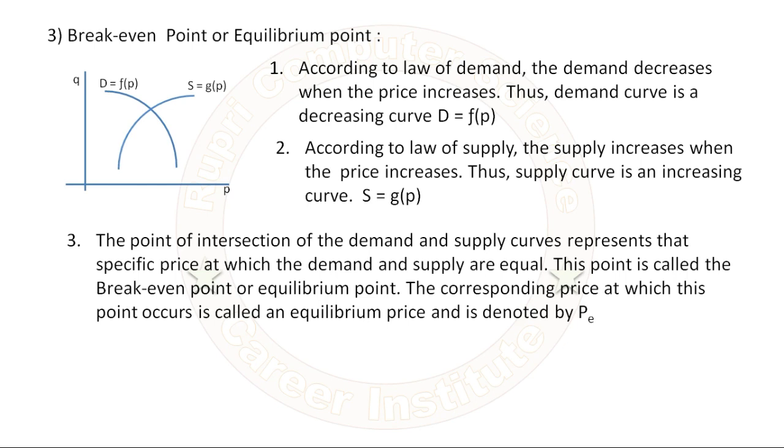Let's draw a dotted line from the intersection of the demand and supply curves to the x-axis, that is price. Let us draw it in your diagrams as a red line and name it price PE.